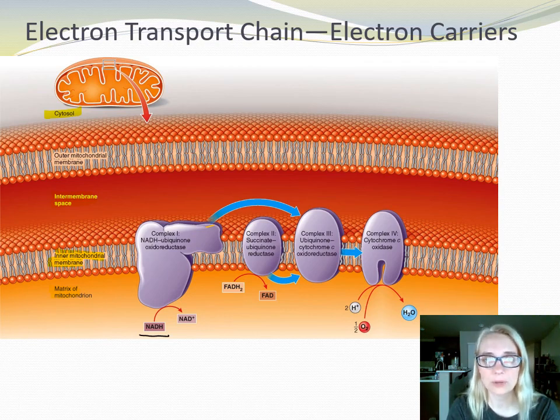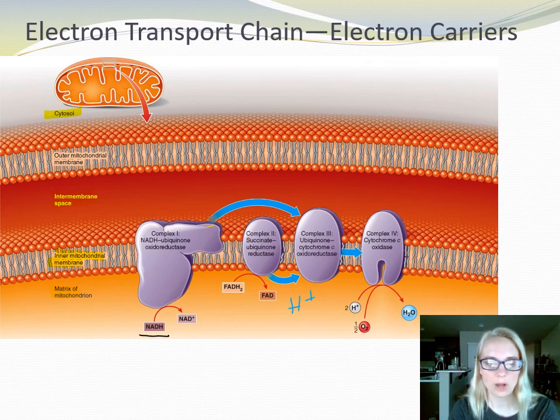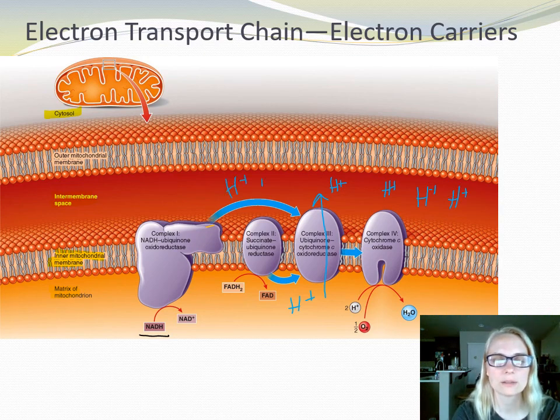We talked about coupled reactions, how we can use an exergonic reaction to drive an endergonic reaction. So what if one of these protein blobs, these complexes, was an active transport pump? What if this inner membrane space was jam-packed full of hydrogen ions?